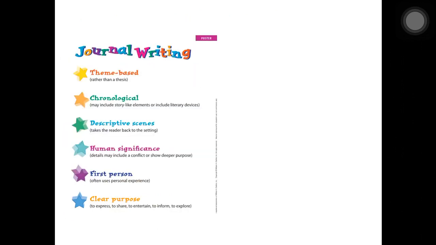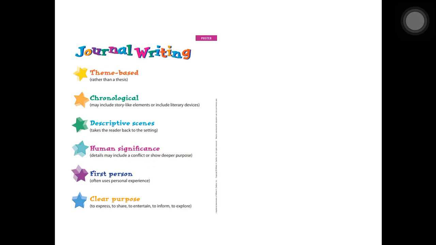This week is not going to have a whole lot of assignments, but one thing I do want you to print out is a printout I will be attaching in the classroom. It says poster journal writing. It's just a paper size, but I want you to have this on hand as you're writing your journal so that you have these 6 things to be sure that you're doing.